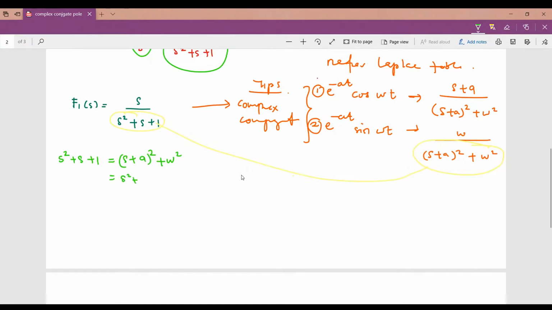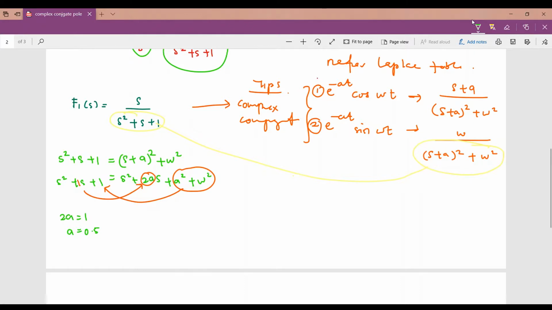So I open this first: 2as plus a square plus omega square. Here I can compare the element of s, which is equal to 1, right? Okay, and then with no s, also equal to 1, so I can calculate 2a is equal to 1, so that a is equal to 0.5.